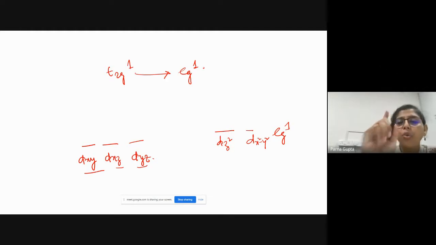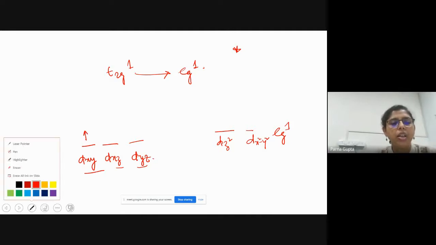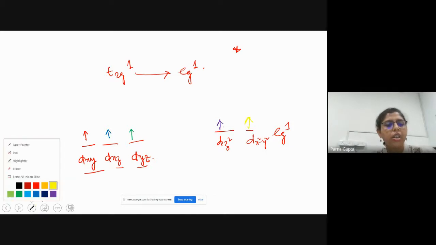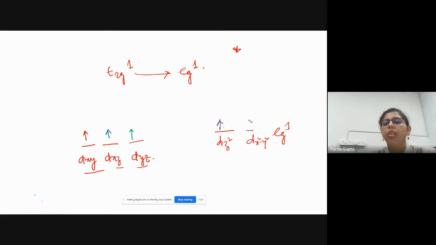So there are 2 points you must note: it may be here, or it may be here, right? So there is also a difference.